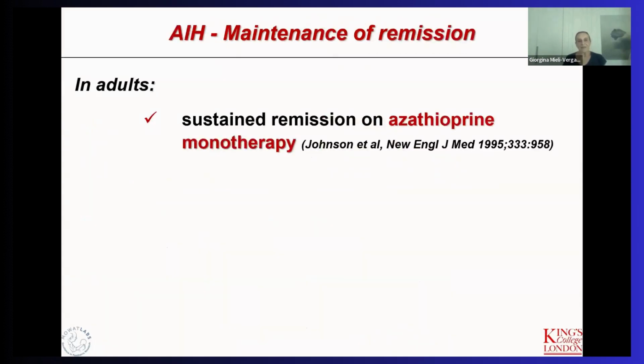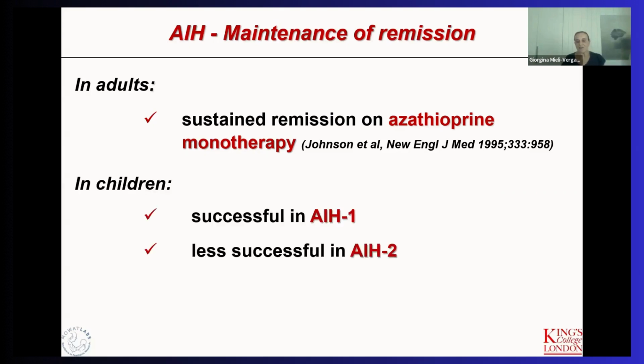In adults, it has been published that you can maintain sustained remission on azathioprine monotherapy. This was a very old paper. And in children, this has been done in autoimmune hepatitis type 1 with success, and less successful in autoimmune hepatitis type 2. However, in my own mind, I cannot understand the rationale of this study.